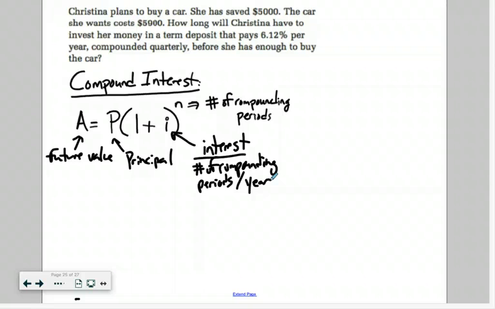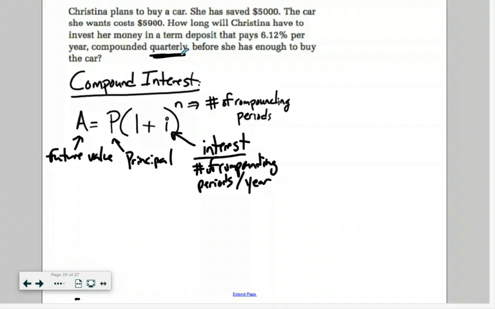So Christina plans to buy a car. She has saved $5,000. The car she wants costs $5,900. How long will Christina have to invest her money in a term deposit that pays 6.12% per year, compounded quarterly, before she has enough to buy the car? So this is where we're basically trying to identify our values, right? So this compounded quarterly indicates that you're going to have the interest compounded 4 times that year.